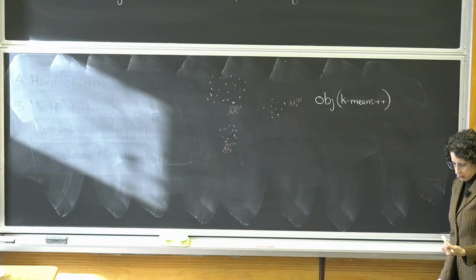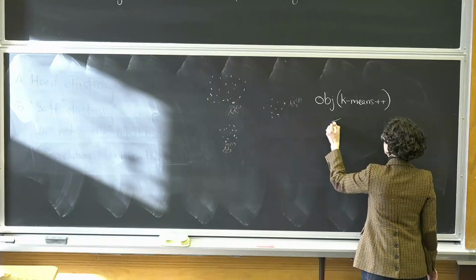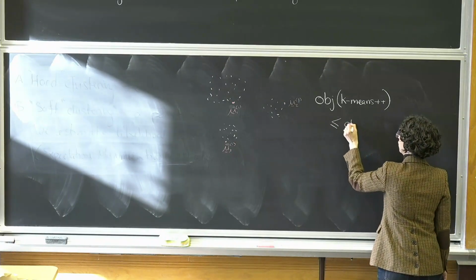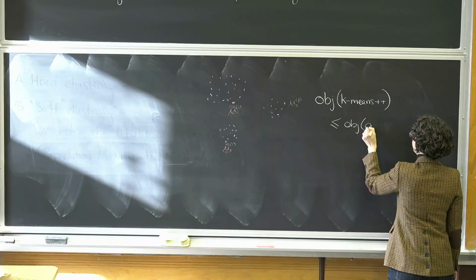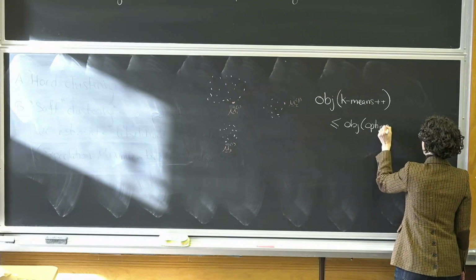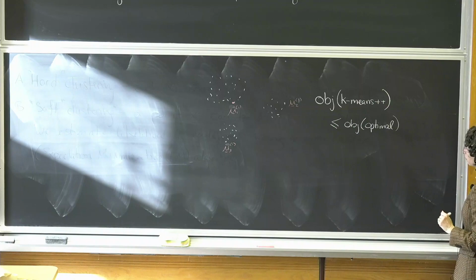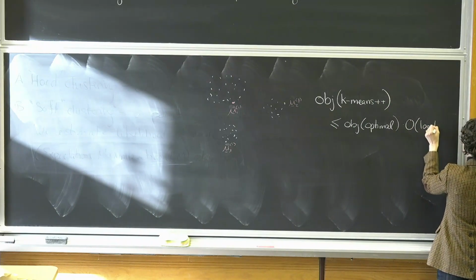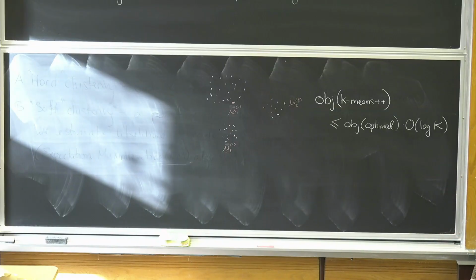What we can prove is that that is going to be less than or equal to the objective for the very best optimal clustering times a factor that scales like log of the total number of clusters k.